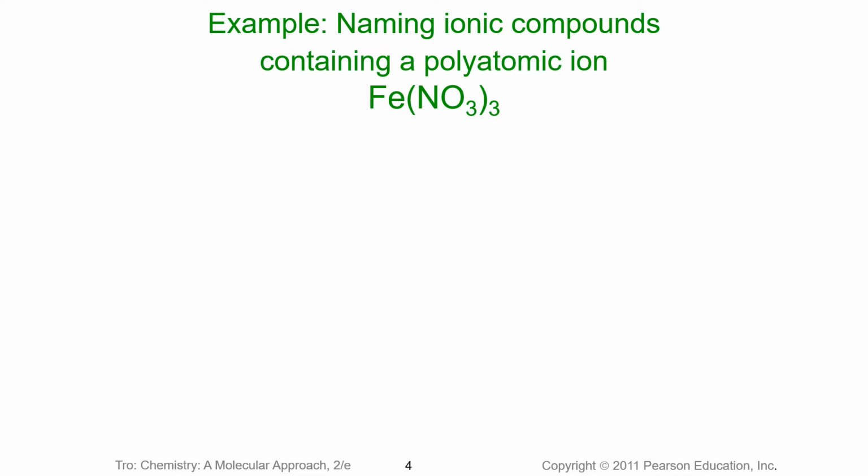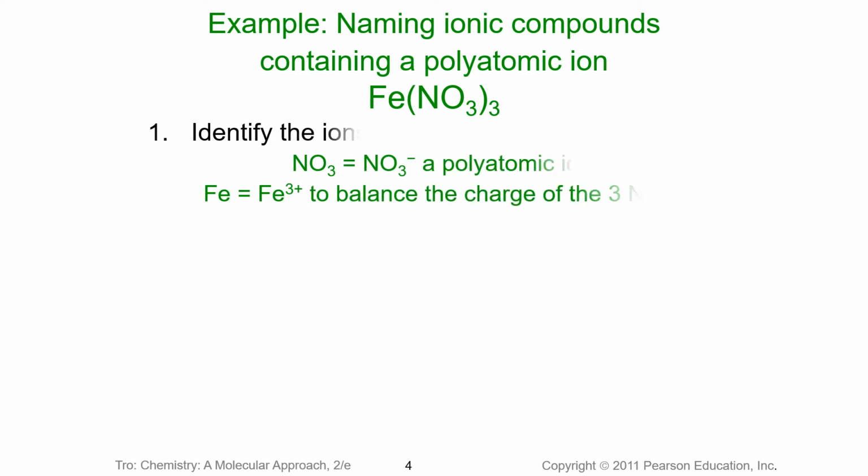If we're naming a polyatomic compound and it contains a transition metal, we still follow the same rules. We identify the ions, so we can find that iron has a +3 charge because nitrate has a -1 and there's 3 of them. And nitrate always has a -1.